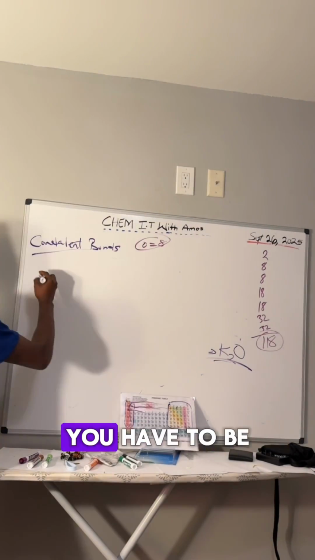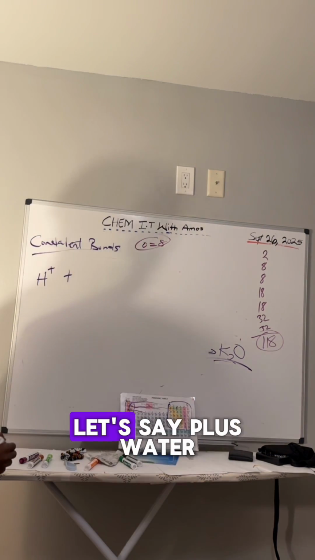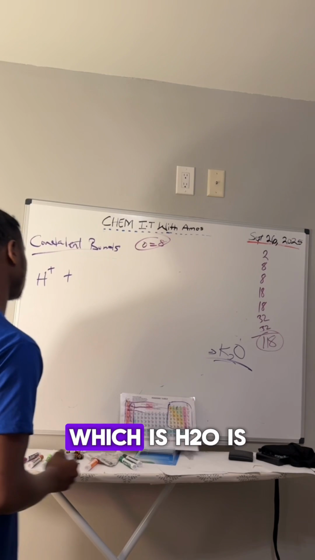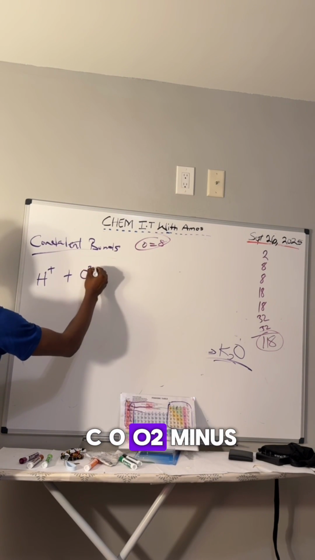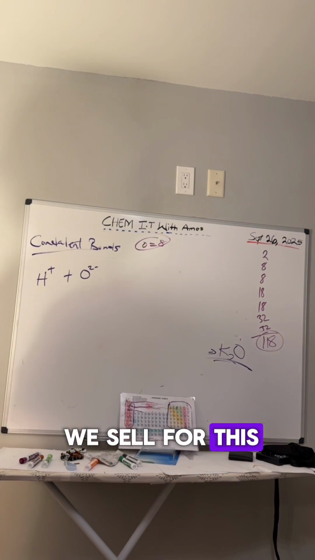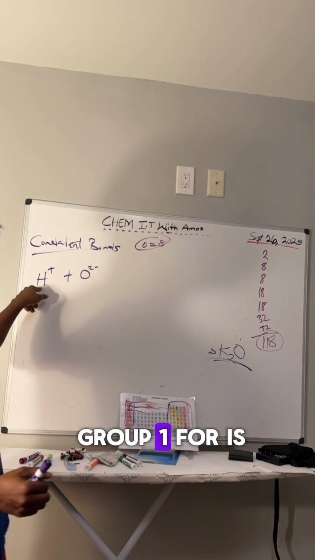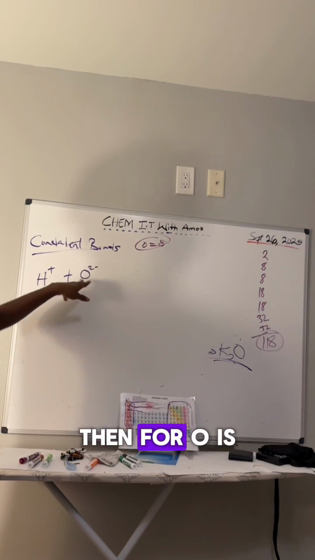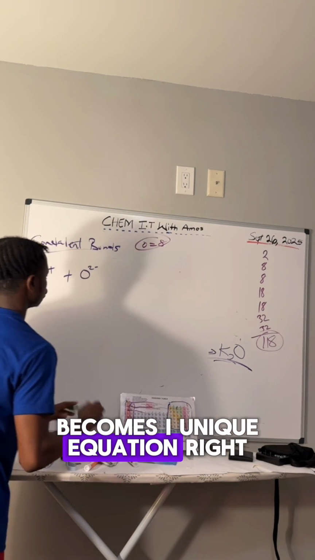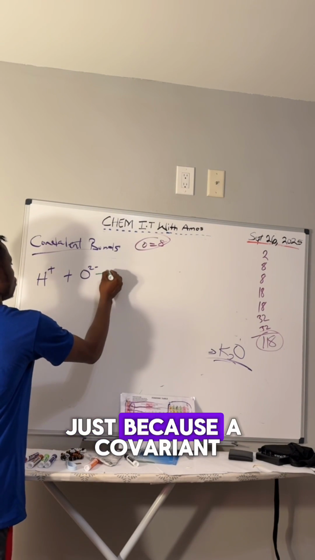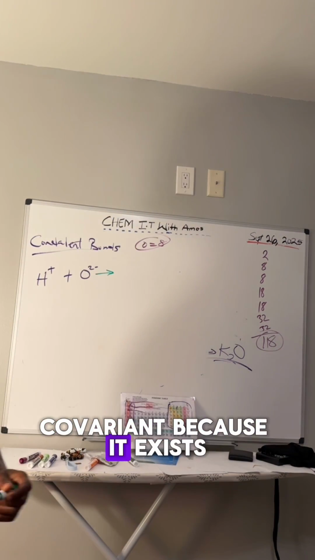So we say if you react hydrogen ion plus, let's say, water, H2O, with O2 minus. This H is a non-metal even though it's in group 1, and O is a non-metal, so this becomes a covalent bond we are about to form right here, covalent because it exists between non-metal elements.